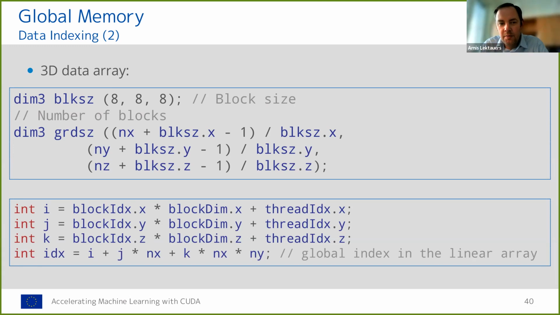To work with an extremely large number of blocks, we can use together with X also the Y and Z dimensions. So that is one of the reasons why we use not only one logical dimension, but several.